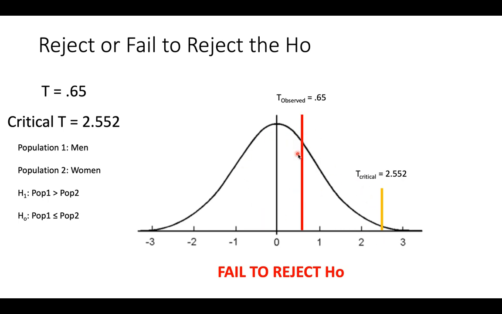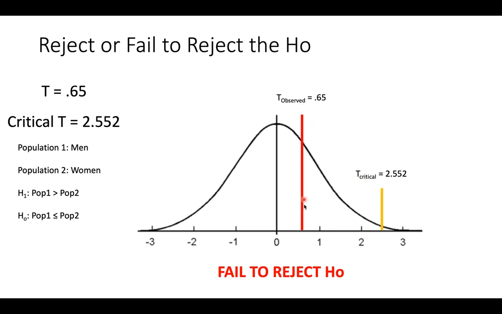We observed something that's over here in the main fat part of the curve, right? This tall area of the curve. What that means is that what we observed is very typical. It is exactly what we should have expected to happen. And we are not convinced by typical occurrences. We are convinced by extreme occurrences.